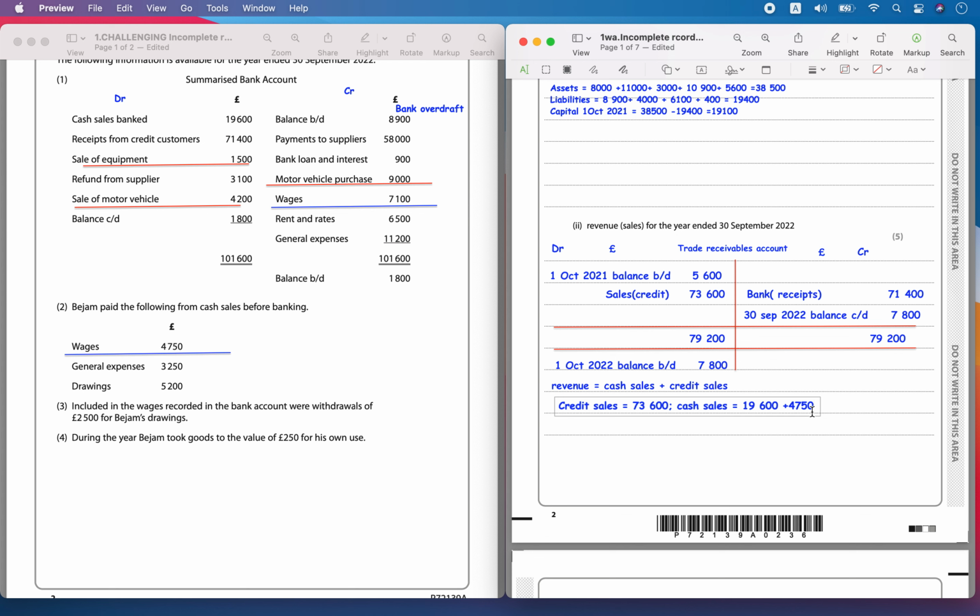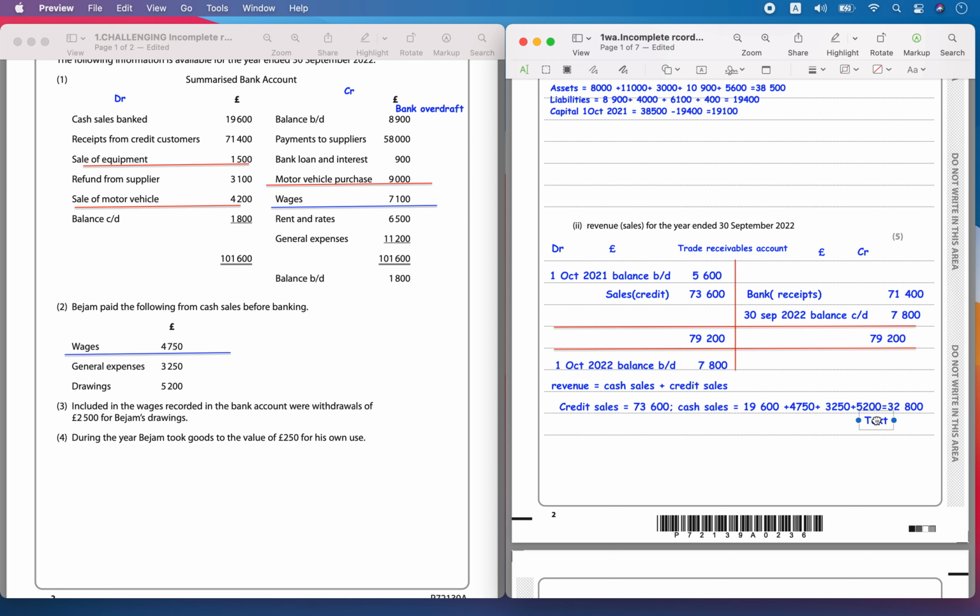The wages was paid from it, and then general expenses were paid. So you include all of these, all would have been a part of cash sales. So this is equal to 19,600 plus 4750 plus 3250 plus 5200. So that is equal to 32,800.